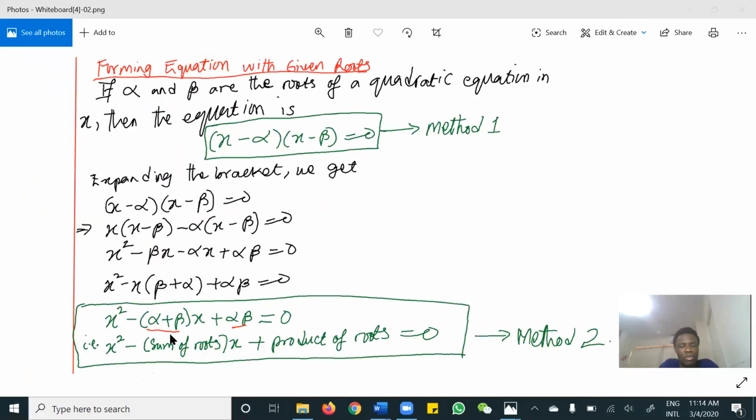If you're using this method, Justin, you should write it as sum. Can you see my screen? Because if you use alpha plus beta, you are referring to 2 plus 4. But remember, the roots are no longer alpha and beta. The roots are now alpha plus 1 and beta plus 1. So you should use the term sum of roots to add them. The answers are right, just the presentation. Well done. Thank you.